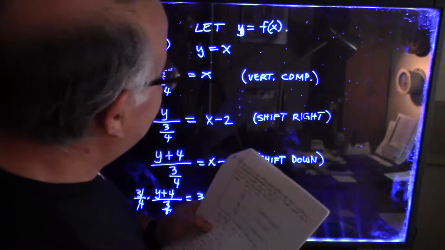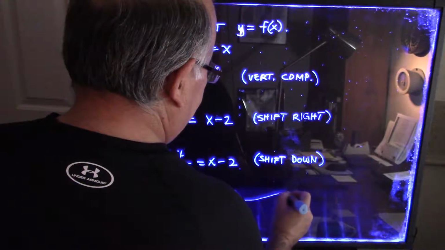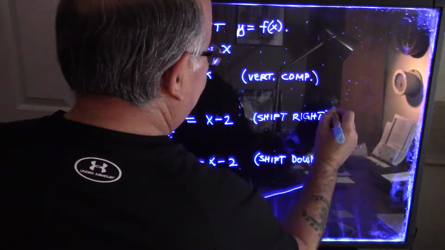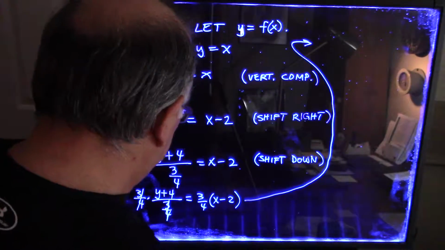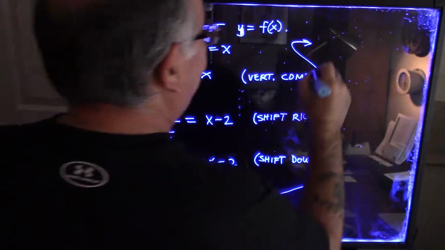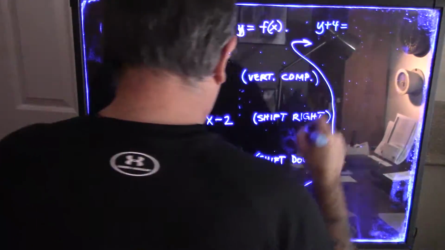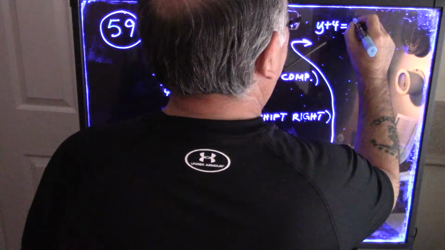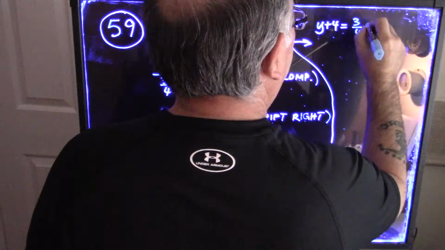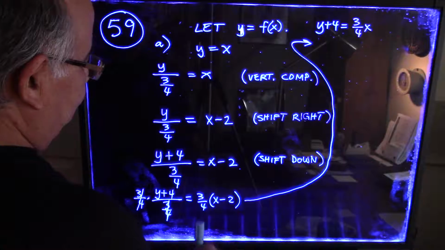Unless I could do it over here. Yeah, I think I've got room here. I'm going to continue it, tight fit, but we'll continue it over here. So you just have y plus 4 equals, and then I'll distribute the 3/4 through. 3/4 x, and then minus 3/4 times 2.